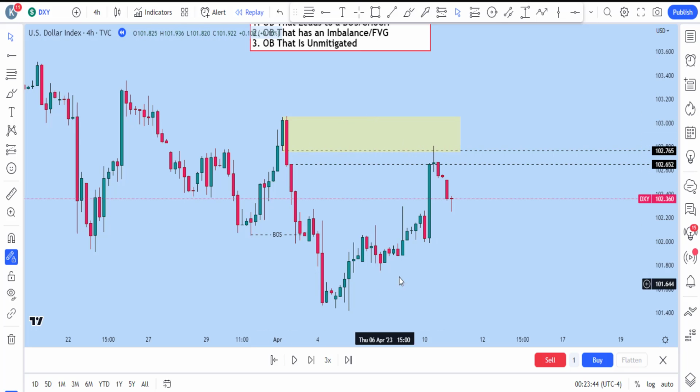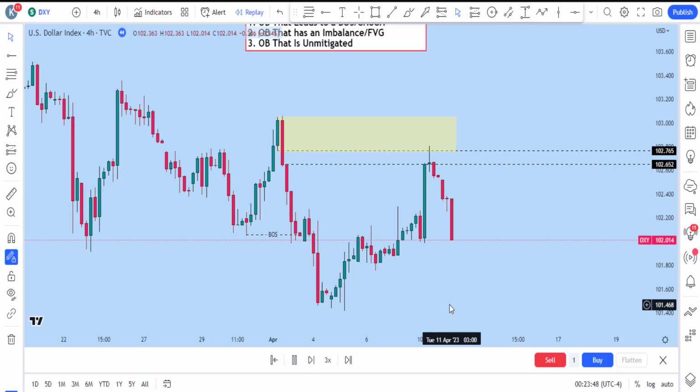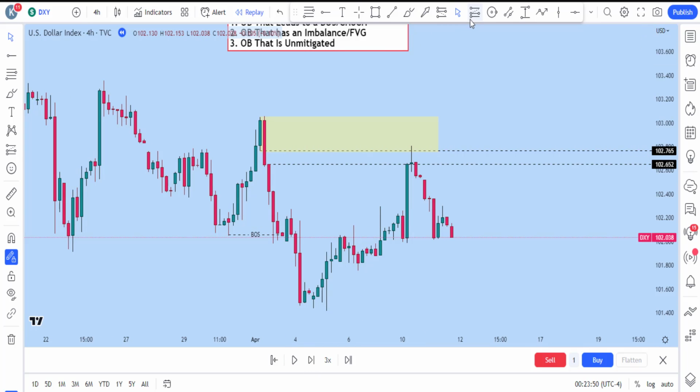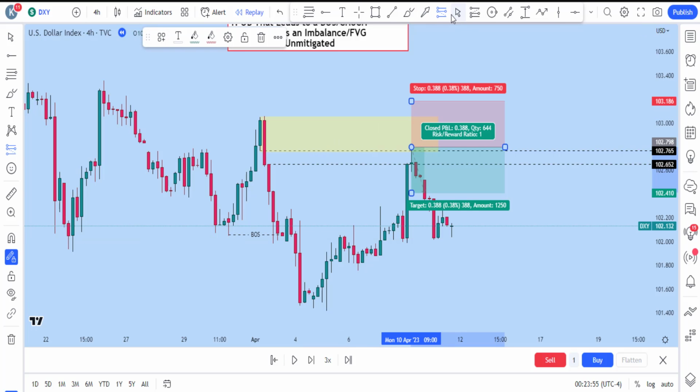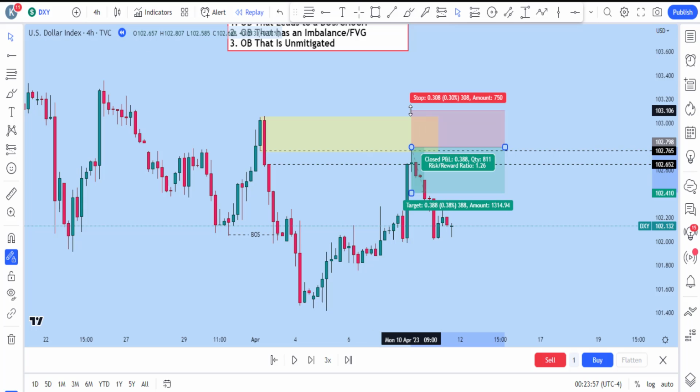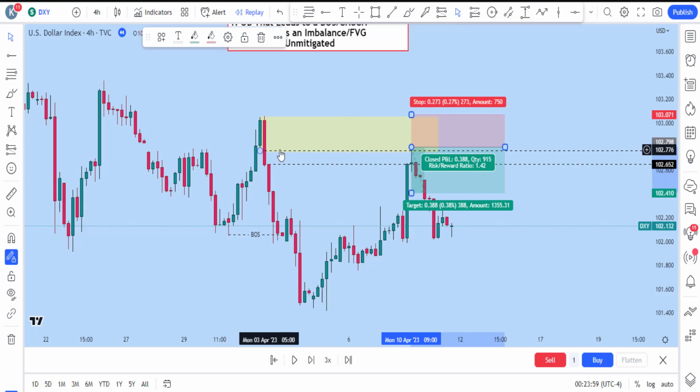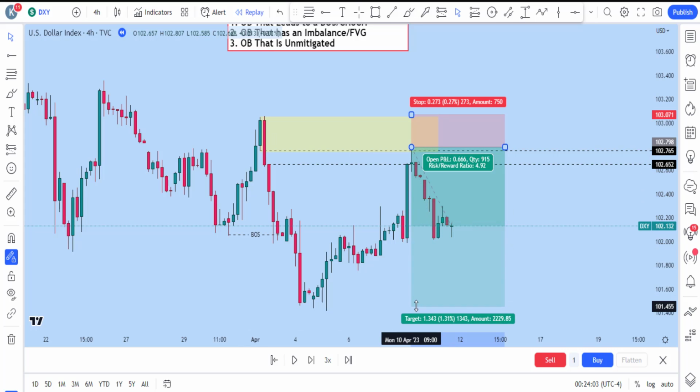So as you see, price came back to this area, touched that order block, and then it gave you the kind of entry you're looking for at this point, a bearish one at this level. Some people will want to enter from just the tip of the order block, some people at the middle, but look for that video. You will learn how to perfectly enter at the right place in the lower time frame.